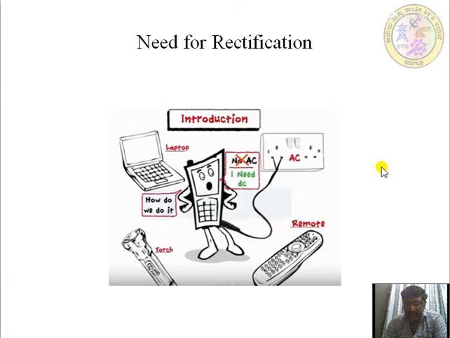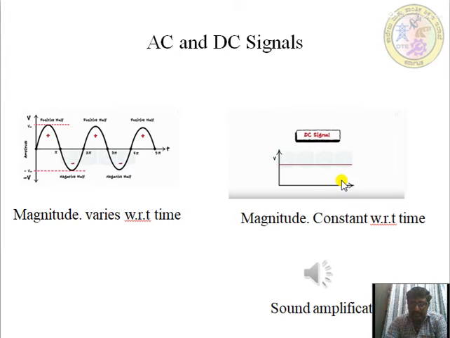We don't require direct AC voltage, we require DC voltage. The conversion of AC voltage to DC voltage is known as rectification. Directly connecting AC to your mobile charger is not suitable, so we require a conversion of AC to DC.